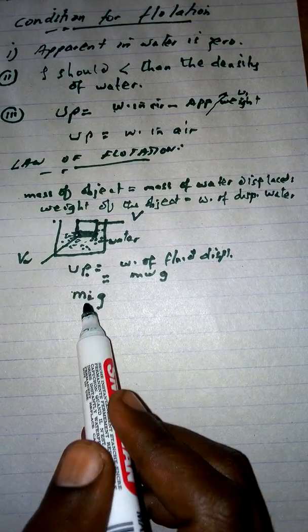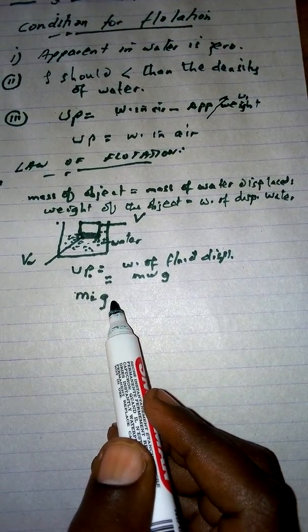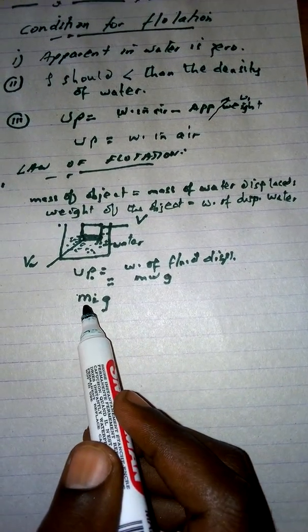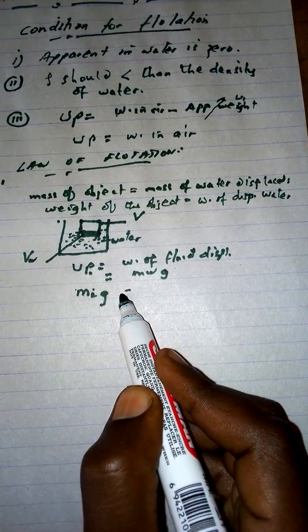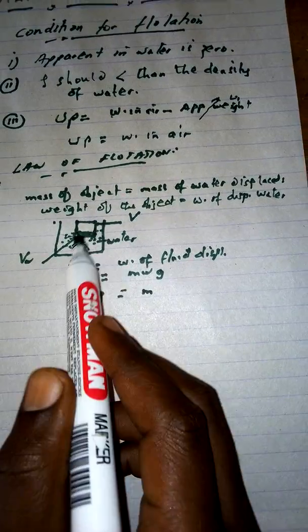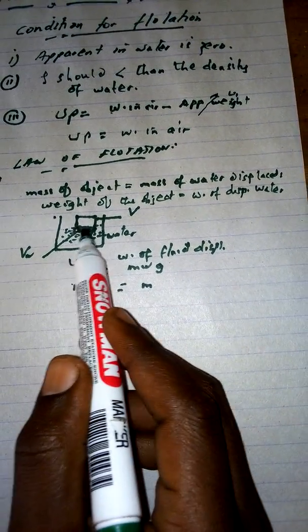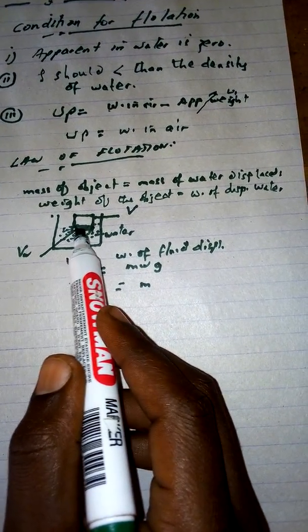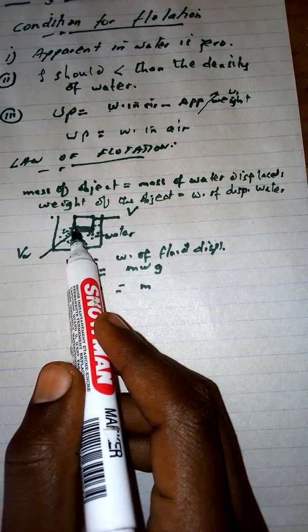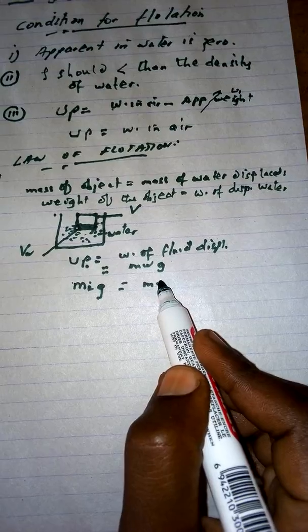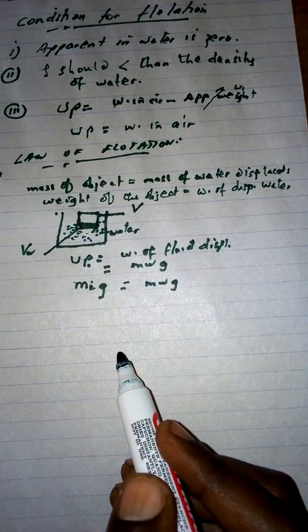Remember, force is mass times gravitational force. So we can take the mass of ice times the gravitational force. This will be equal to the mass of the water displaced. You can see there is the place whereby this ice has displaced some amount of water. So we take the mass of water times the gravitational force.